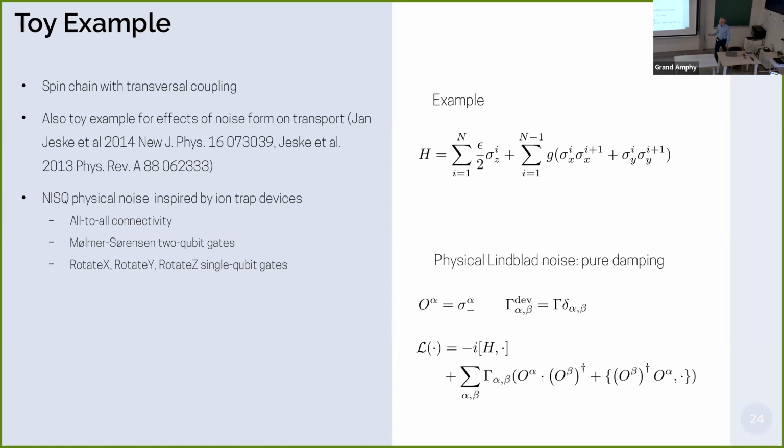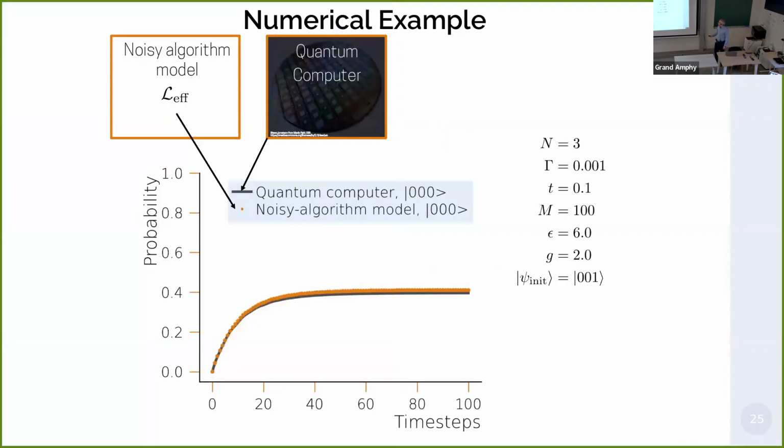Let me now show an example where we have a linear chain of spins, and you create the time evolution of this Hamiltonian on the quantum computer. Your Lindblad noise on the quantum computer is pure damping, meaning all your operators are damping operators. What you do is calculate the effective time evolution of this and compare.